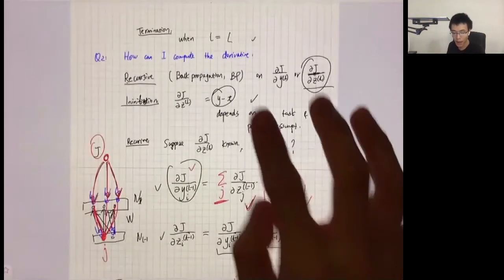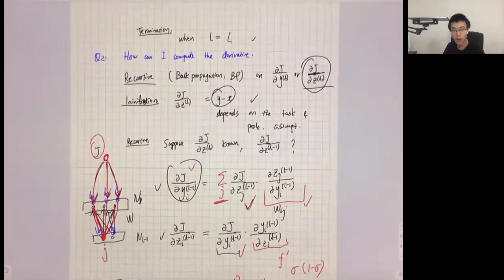And the backward pass is known as the backward propagation algorithm, or the BP algorithm, which is computing the partial derivative of your loss with respect to your weights. Actually, the recursive variable is on the output or the pre-activation value, okay?